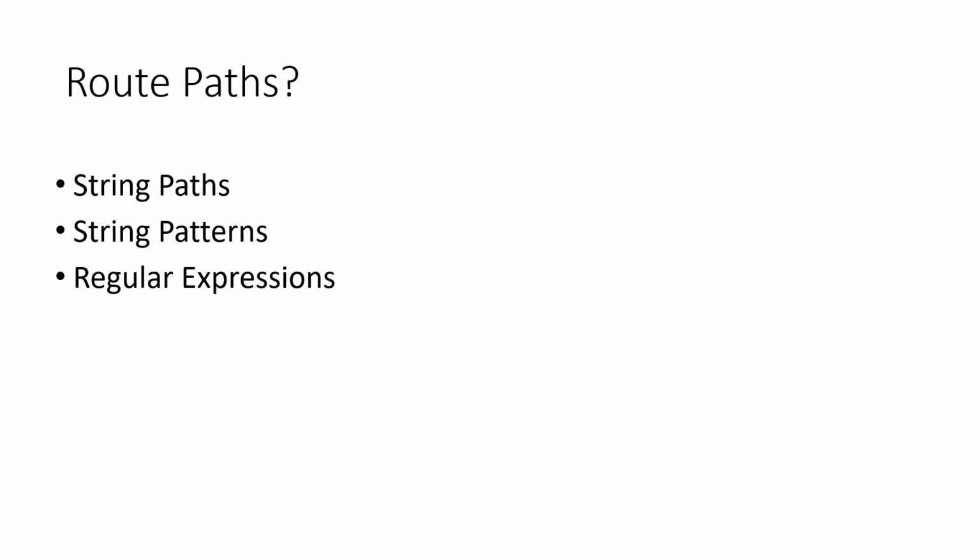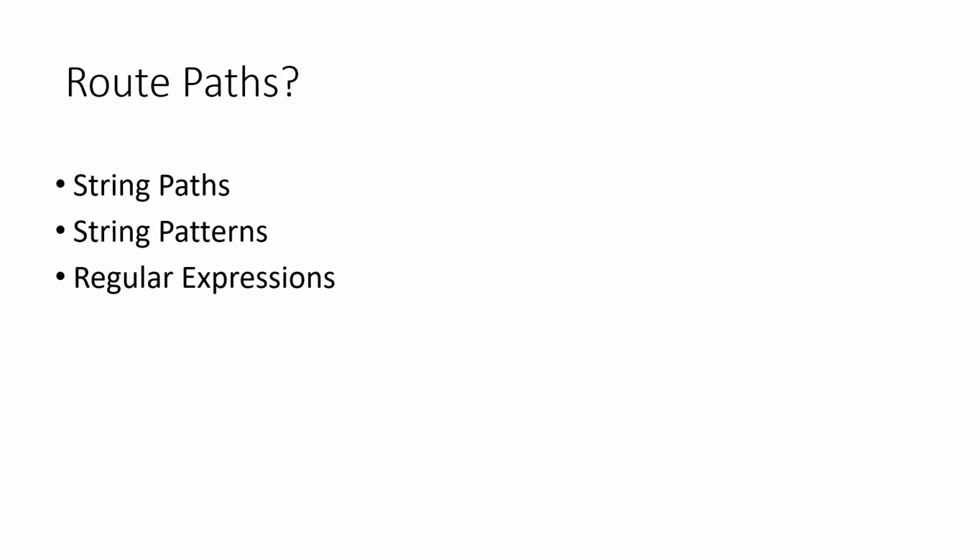Regular expressions provide the most powerful and flexible way to define route paths. So this allows us to perform complex matching patterns. Now, for example, if you want to define a route path for a product, the product generally has many entities to it, for example, the product ID.